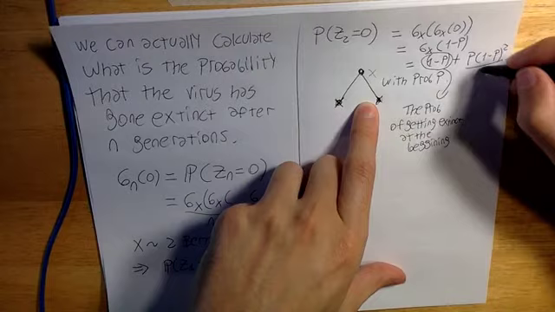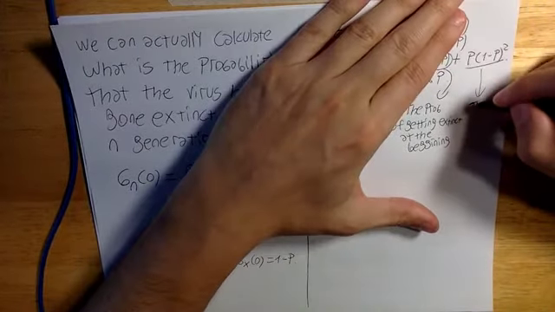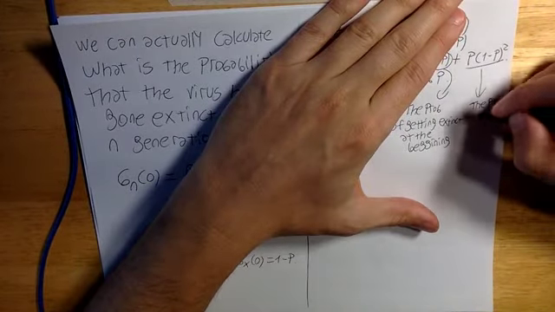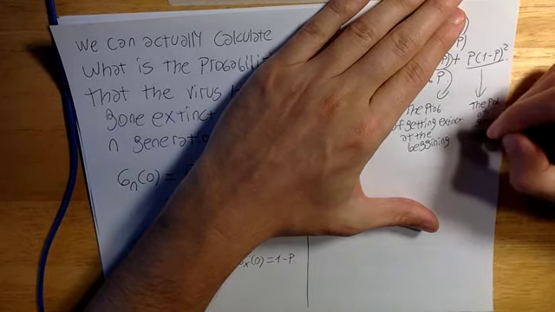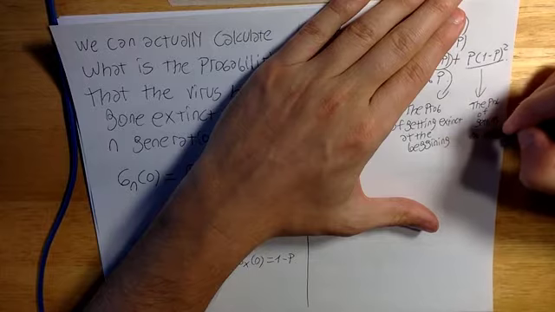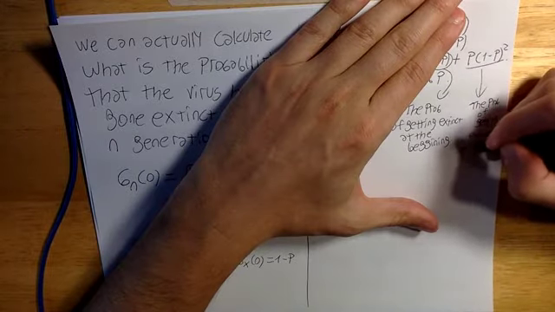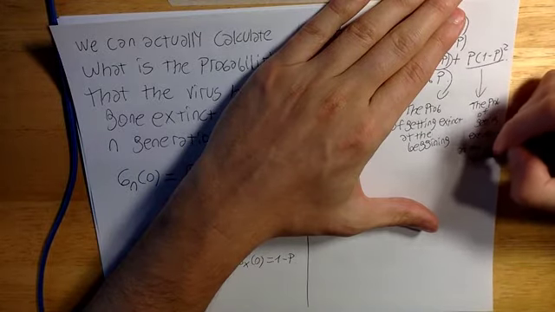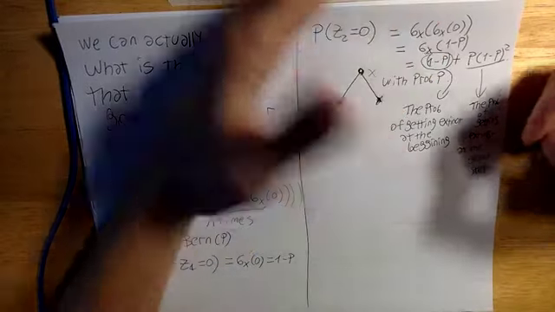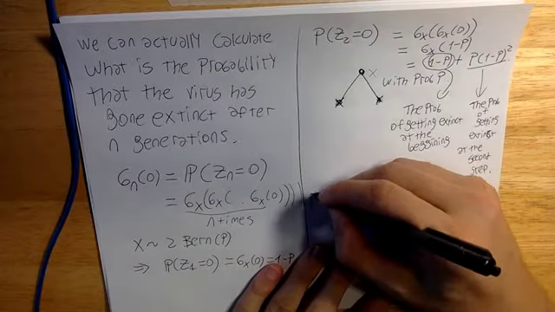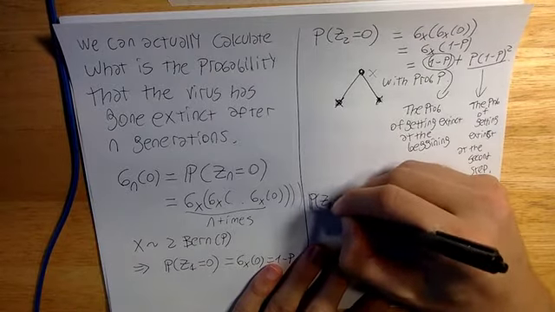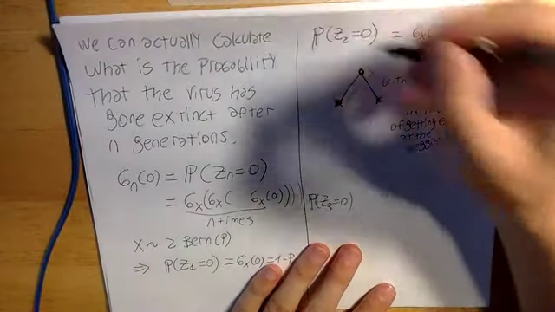And this is the probability of getting extinct at the second step. Okay, and then we can keep going, and we can get the probability of Z3 equal to 0.